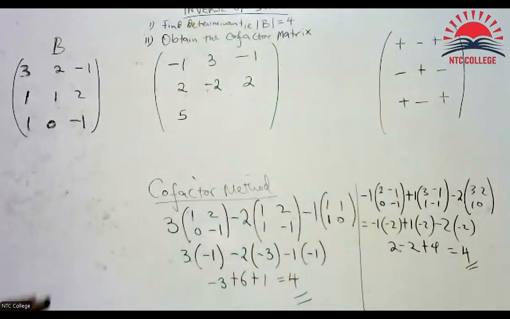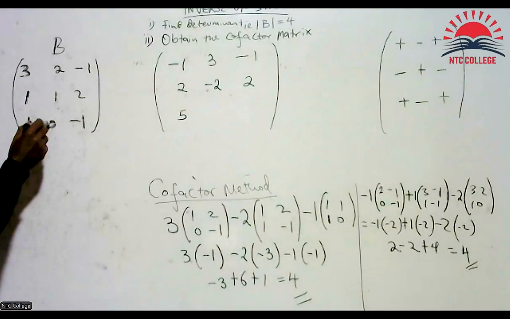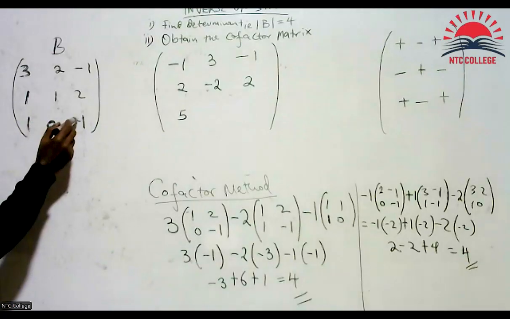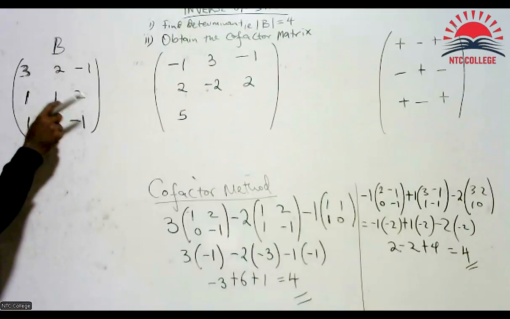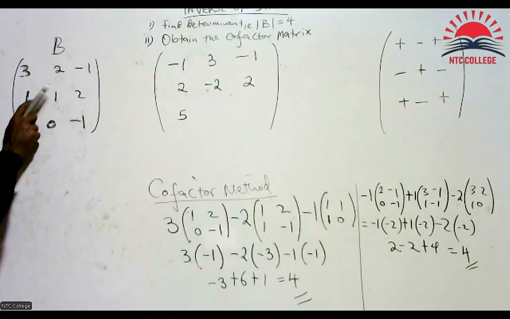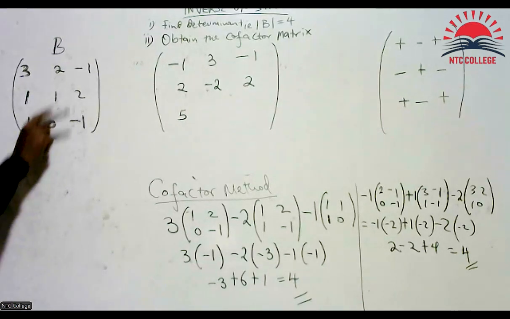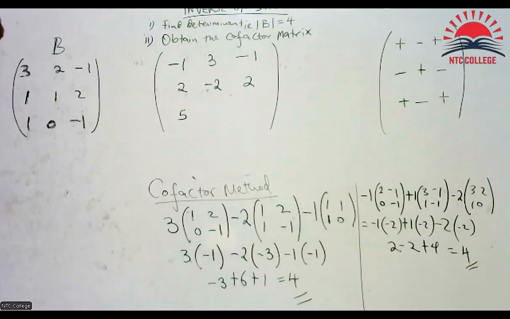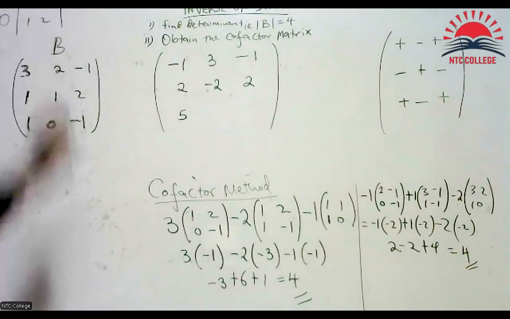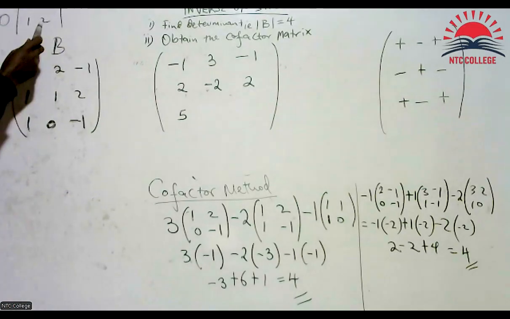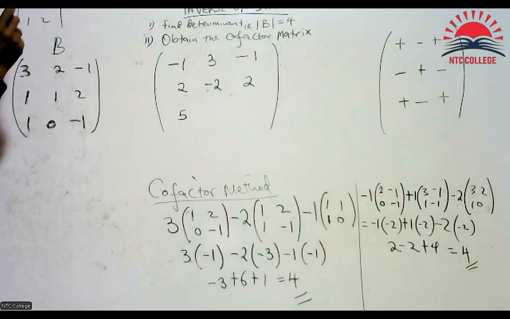The next element is 0. If you ignore the row and the column for 0, you are left with 3, -1, 1, 2. That gives me 2 times 3, 6. 6 minus -1 is +7.